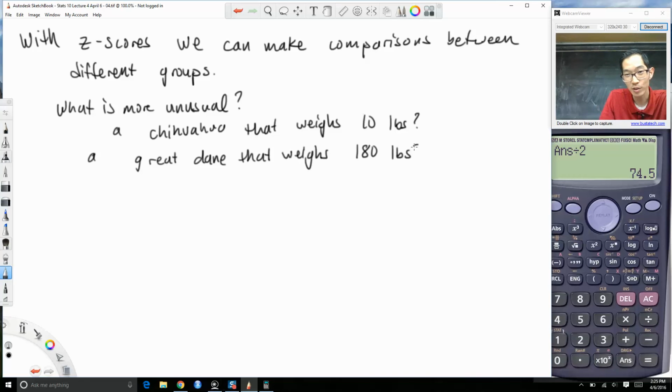These are both dogs, and it's an amazing thing. They're all of the same species, and yet you have this huge variety of animals. All right, so what's more unusual? The Chihuahua that weighs 10 pounds or the Great Dane that weighs 180 pounds? What do you think?